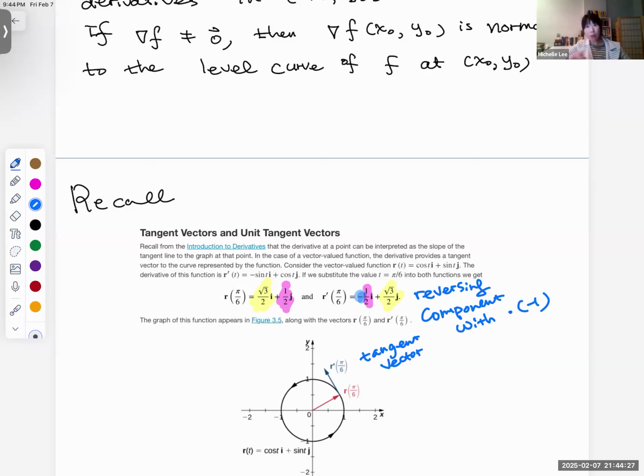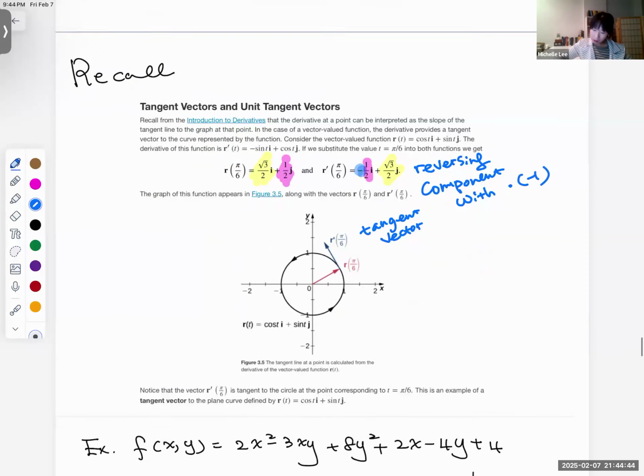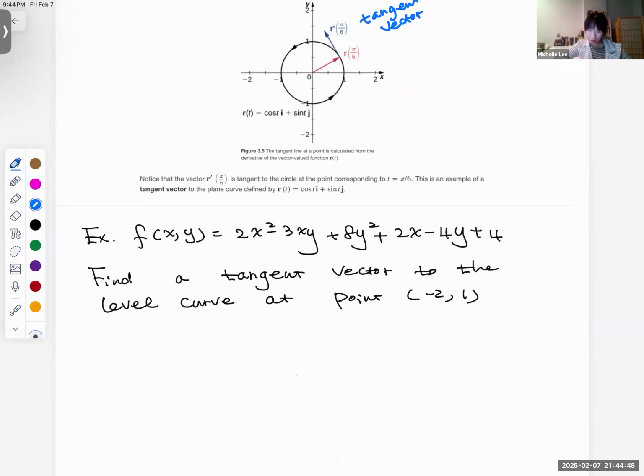Okay, so we went over this one before. Now, when we find the tangent vector, if we have the components, we just reverse them and multiply by -1, all right? Okay, let's do this example. So we have the function.